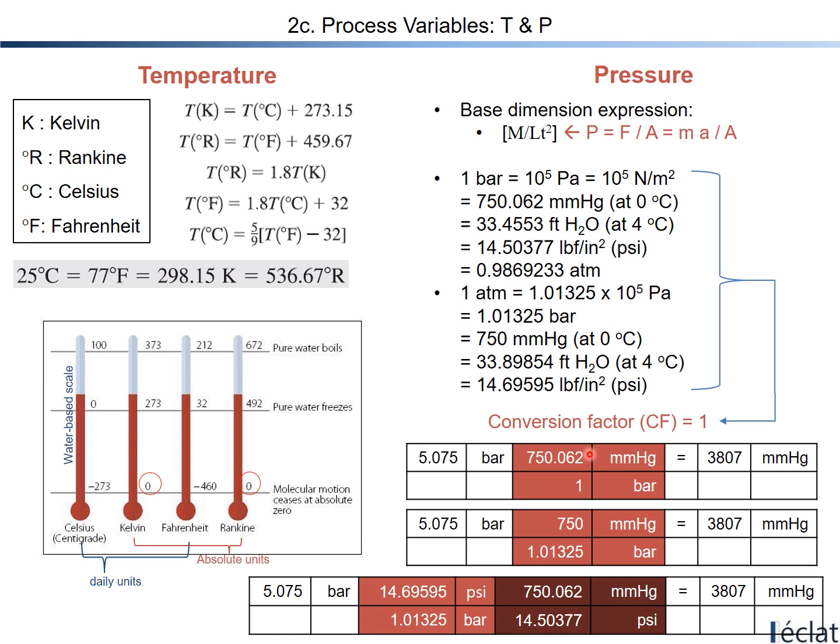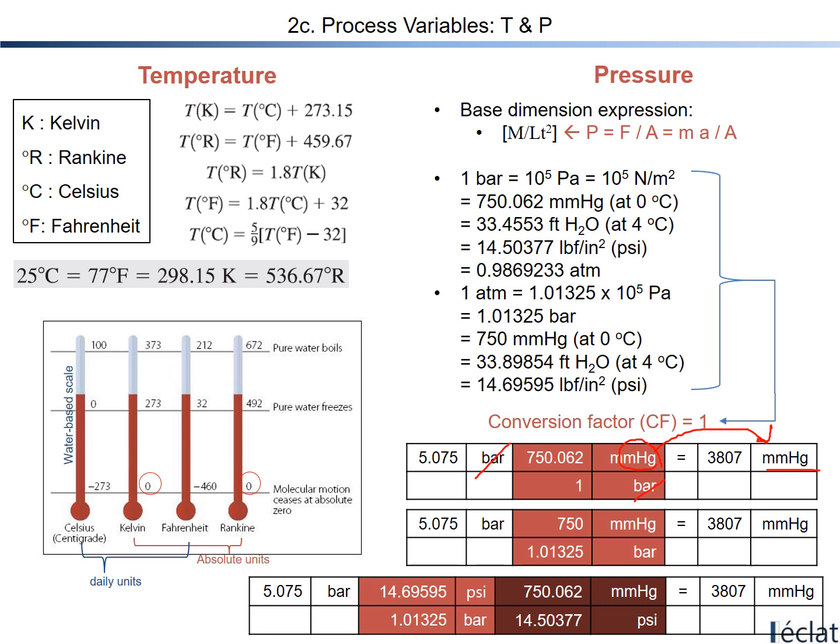Then let me check the unit first in this calculation. So here's bar and here's bar. You can kill them to each other. Then what we have in the final answer is milli Hg.